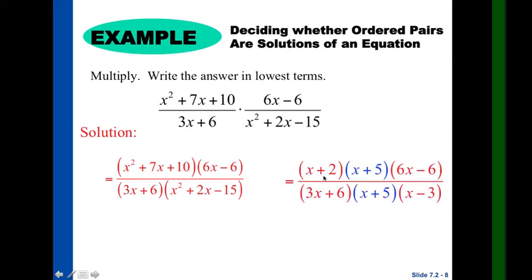So this is correct: x plus 2 and x plus 5, because x squared is two x's, and for 10, 5 and 2, and 5 plus 2 is 7. For this one, we have 6x minus 6, and we have 3x plus 6.